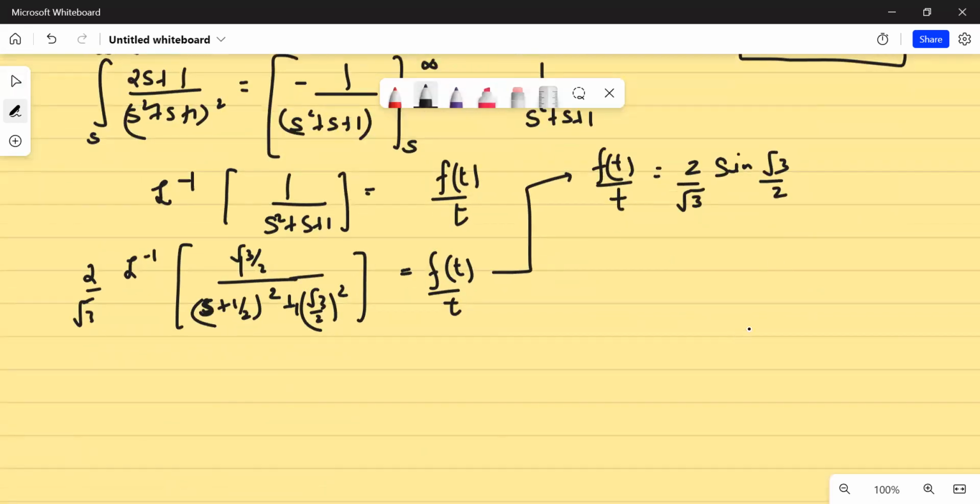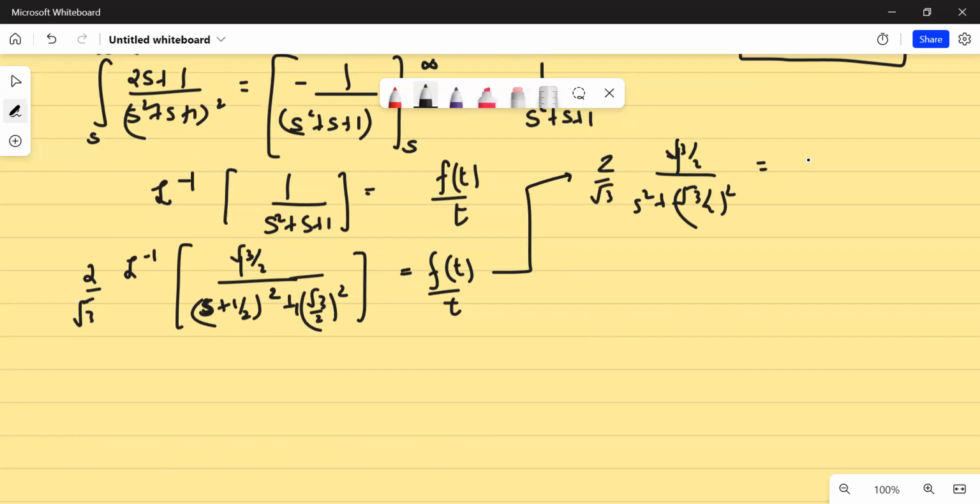If instead of this we had simply 1 upon (s square plus (root 3 by 2) the whole square), then you would have to write root 3 by 2 here also and 2 by root 3 also.